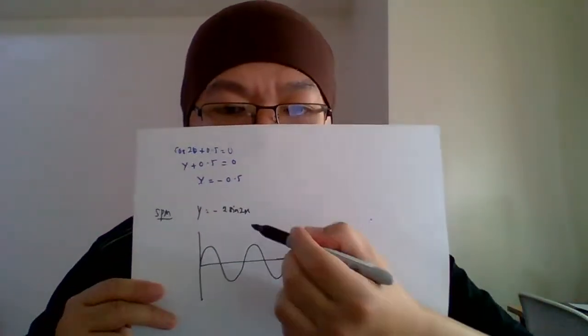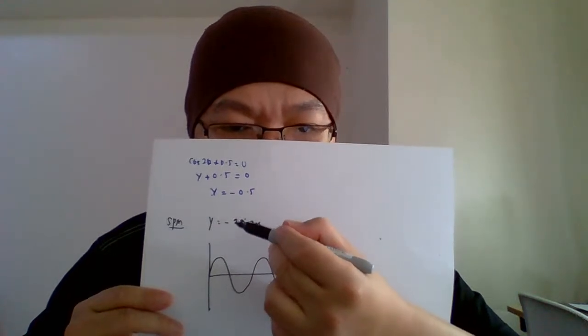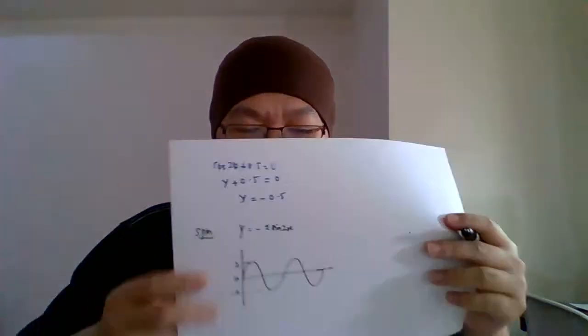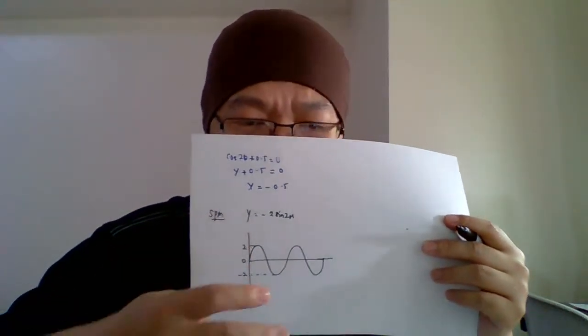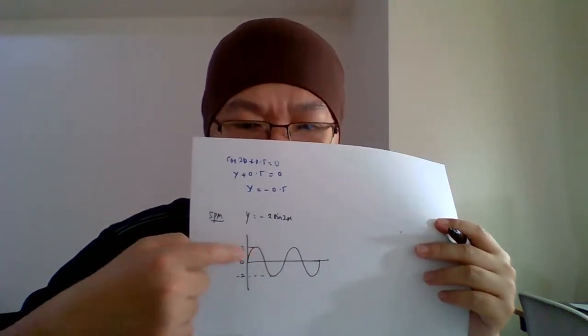Okay, 2 complete oscillations because of 2x, sine 2x. That's number 1. Number 2, look at here, we got 2. 2 is your what? Amplitude. 2, 0, negative 2. And then we got negative. Now, negative stands for reflection.